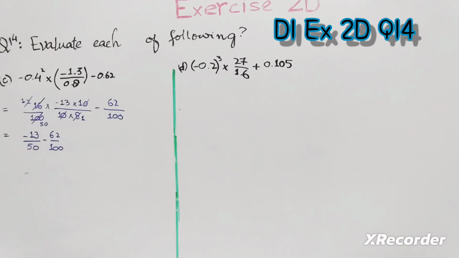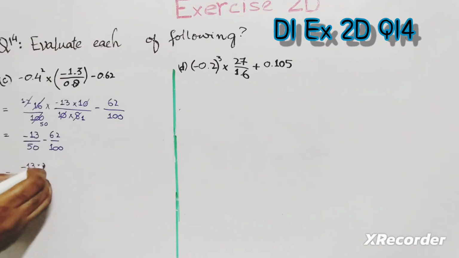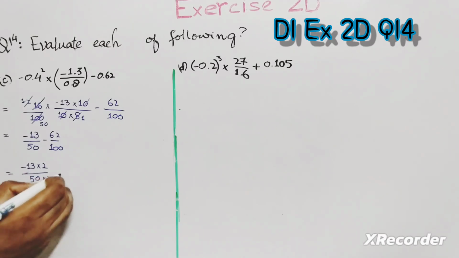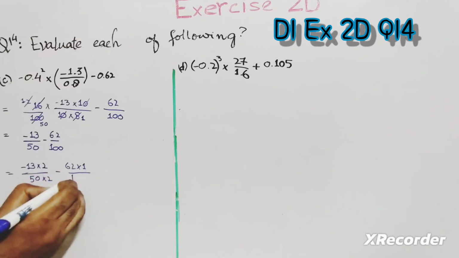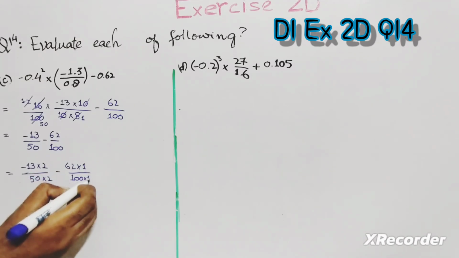Now when we take the LCM of these two numbers, we get 100. So for making it 100, we multiply this minus 13 with 2, 50 with 2, minus 62 multiplied by 1, 100 multiplied by 1.